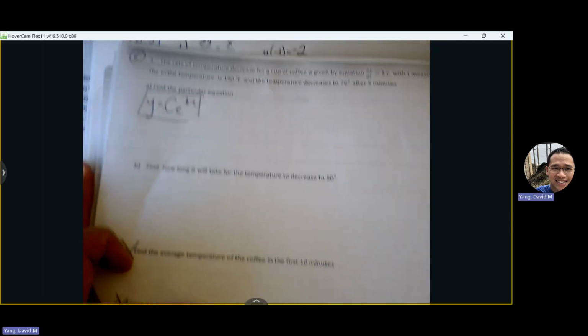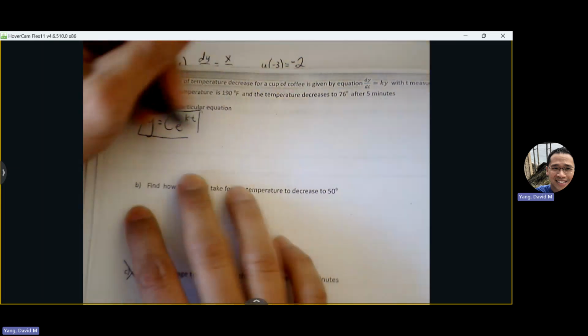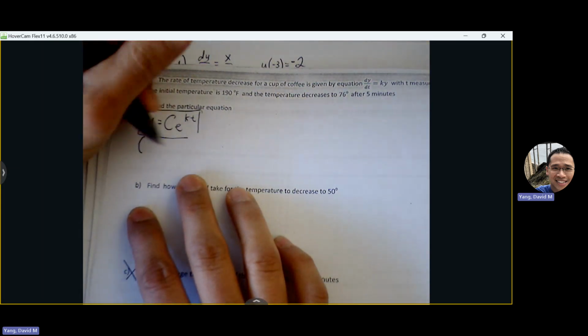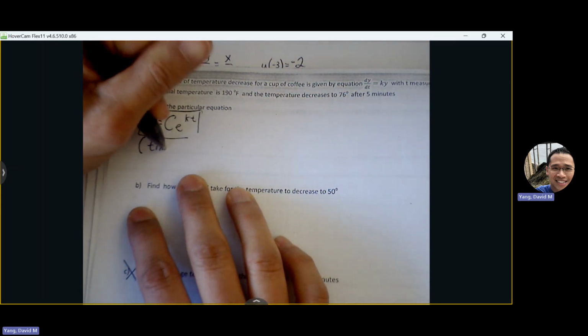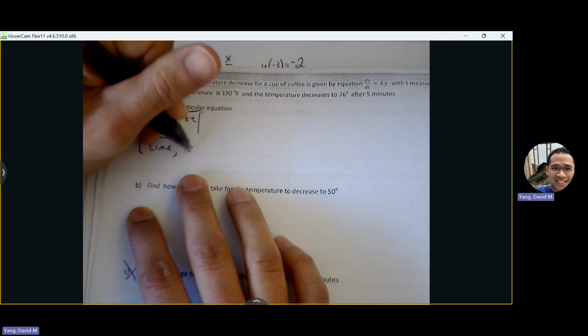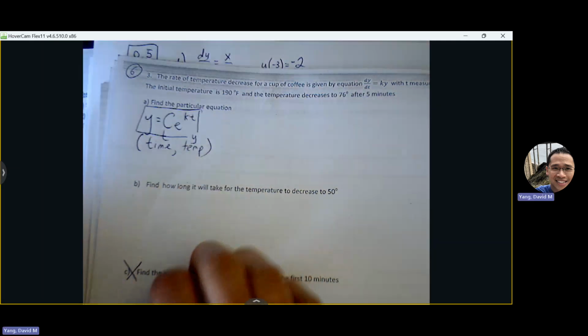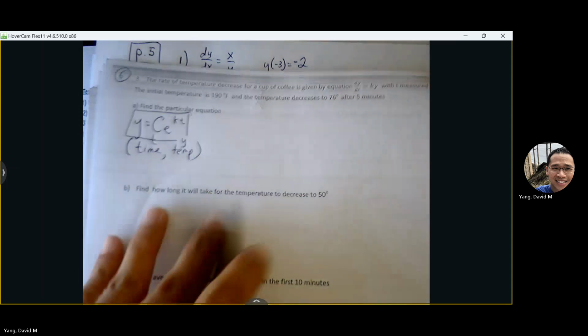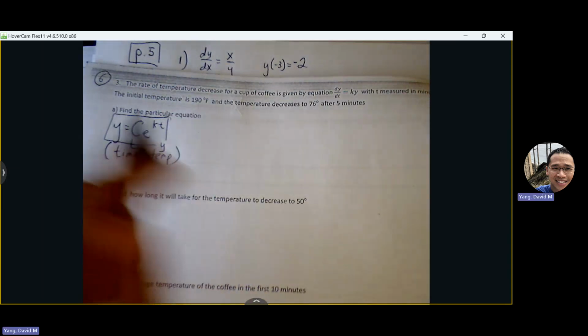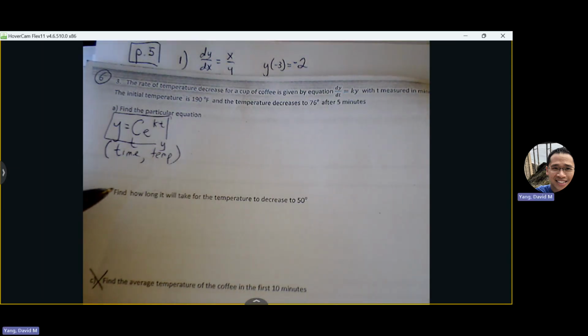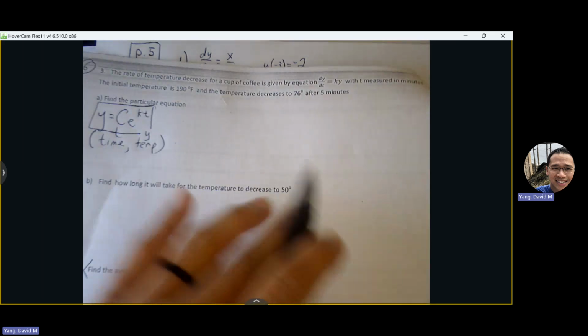Okay, so we know that with these problems, we're just creating a bunch of ordered pairs and then plugging in one at a time. So in this case, time and temperature is represented with t and y. We always want to involve t equals 0 to help us with our equation.